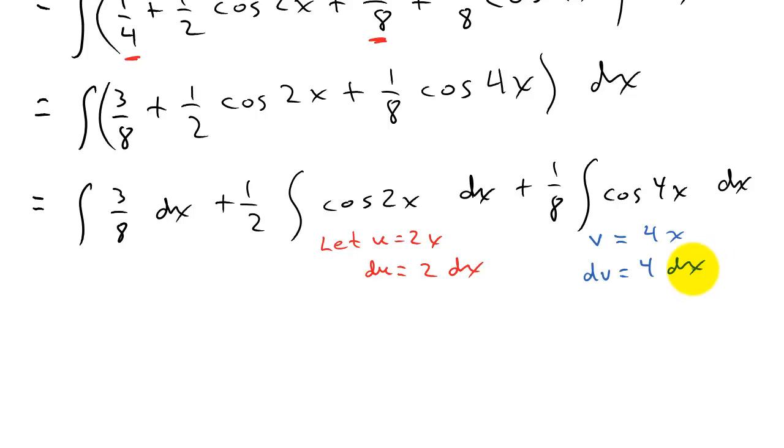Now you see the du equals 2 dx. Well, all I have here is a dx, so I need to multiply by 2. And since I multiplied by 2, I have to come out here and multiply by the reciprocal, 1/2. That's the same thing as multiplying by 1. And then the same thing here. I've got a 4 dx, so I need to multiply by 4, so I have to come out here and multiply by 1/4.